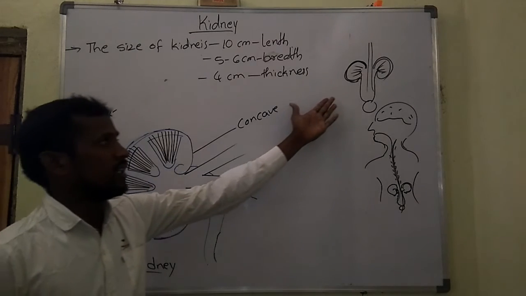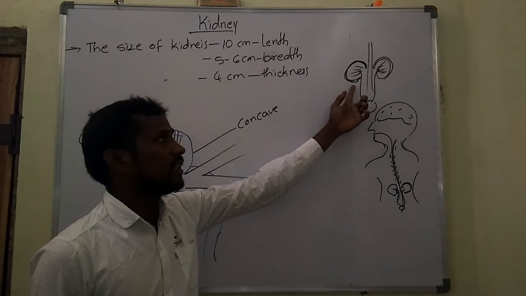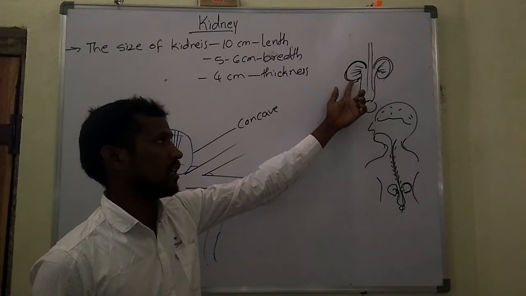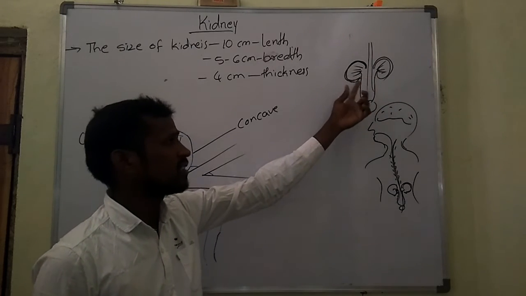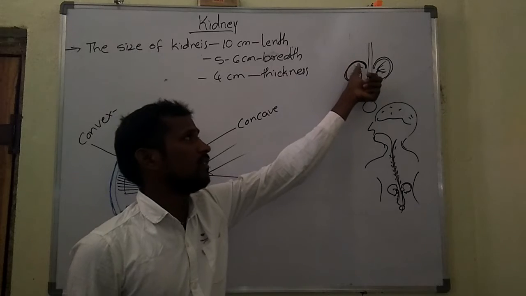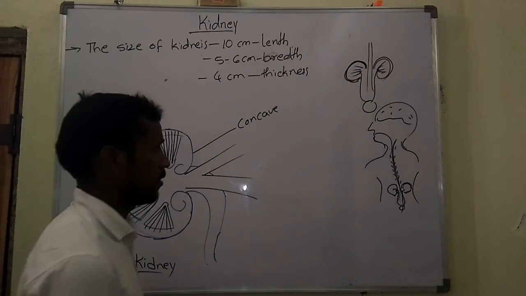The right kidney is slightly lower than the left kidney, because of the presence of the liver above. I will draw the picture. Look at here.